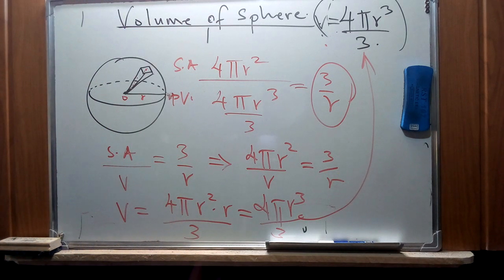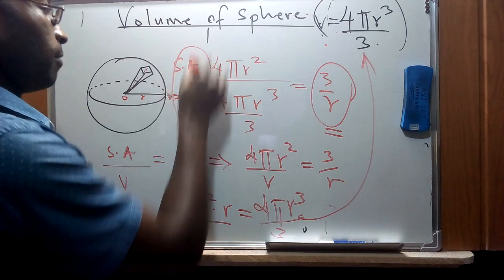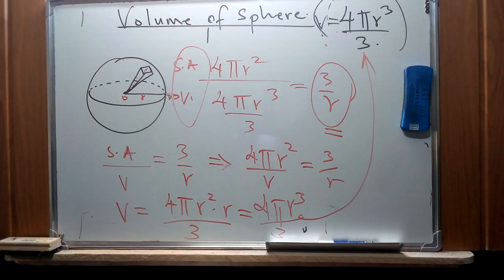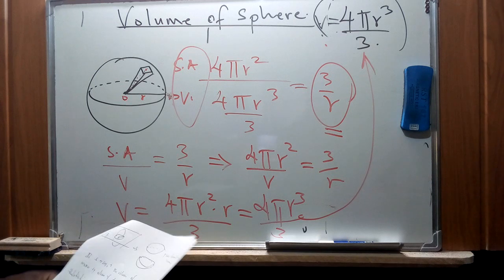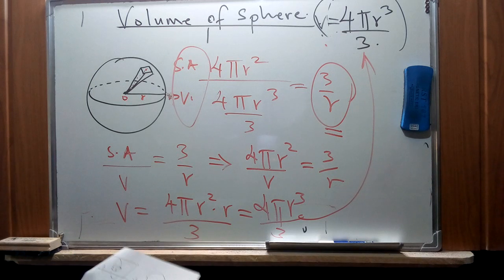Now, of essence is this relationship that exists between the surface area and the volume of the pyramid, which of course gives the volume of the sphere, which we have given above.